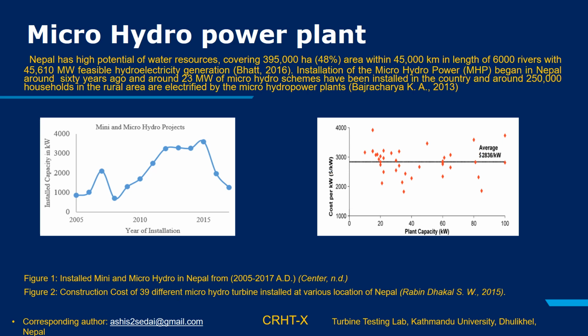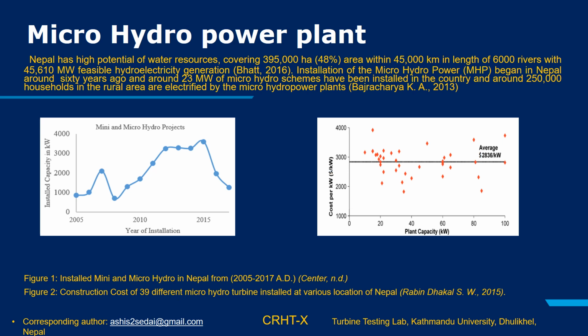And looking into the high potential of water resources, Nepal is capable of producing up to 45,610 megawatt of feasible hydroelectricity power generation. Micro hydro power began in Nepal around 60 years ago, and we are capable of only 23 megawatt of electricity from these kinds of power plants in the last 60 years.